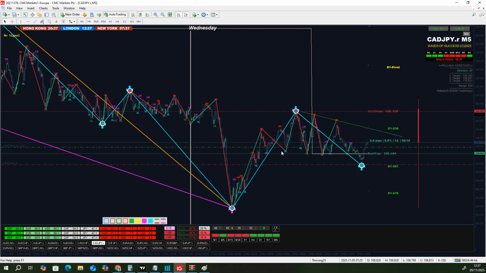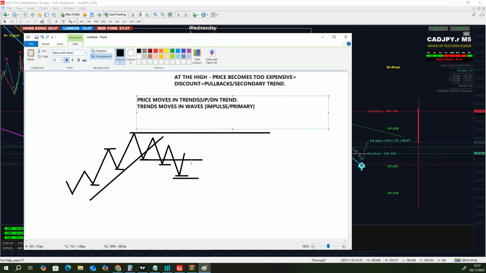It is followed by the pullback, which is the second wave I'm going to write here: corrective waves, or secondary trend.